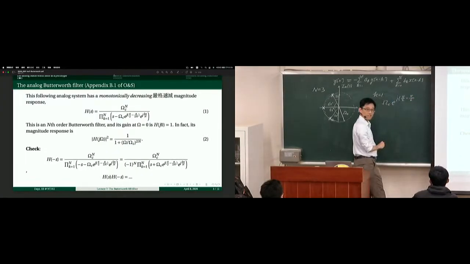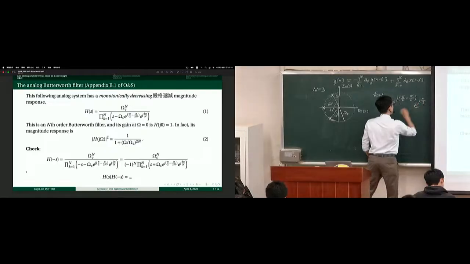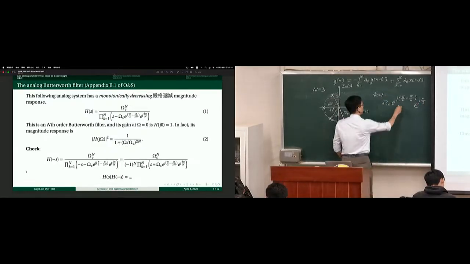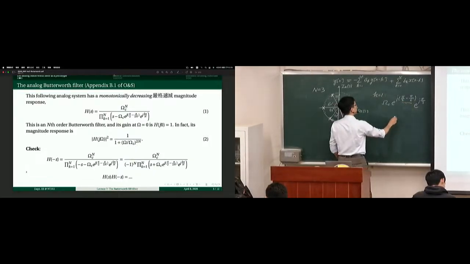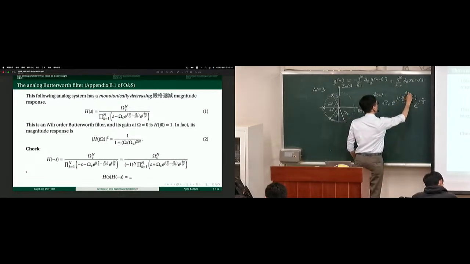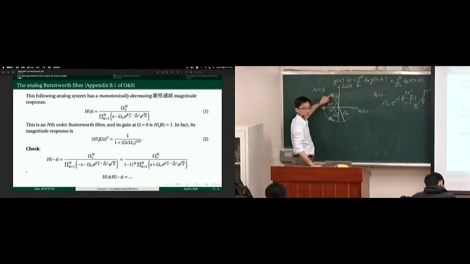You're just putting numbers. It's pretty straightforward. Then e to the j with k equals 1, n equals 3. What do we have? 90 degree, 30, so this is 60 degree plus another 60 degree. So it's 120. That's right here.